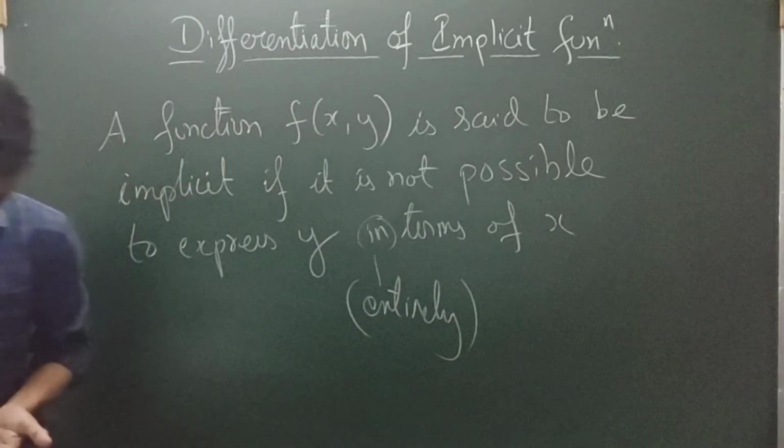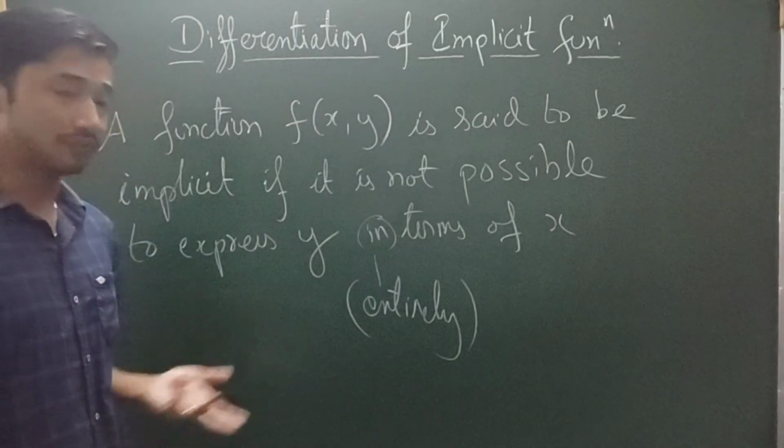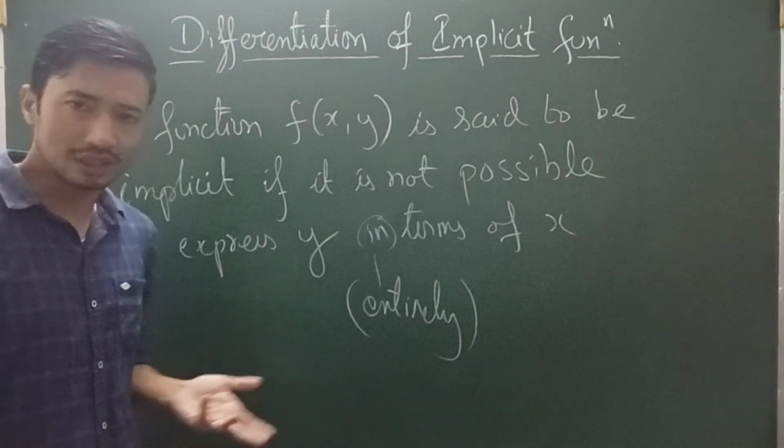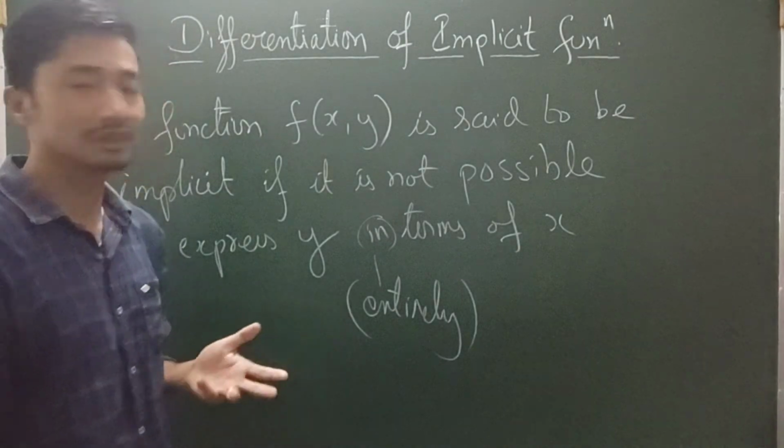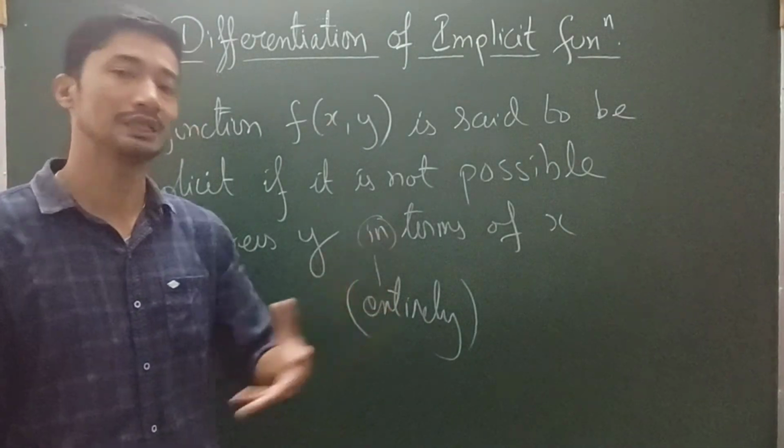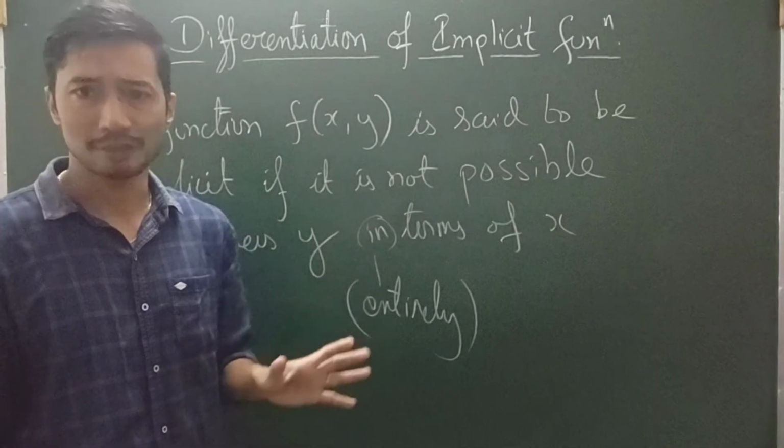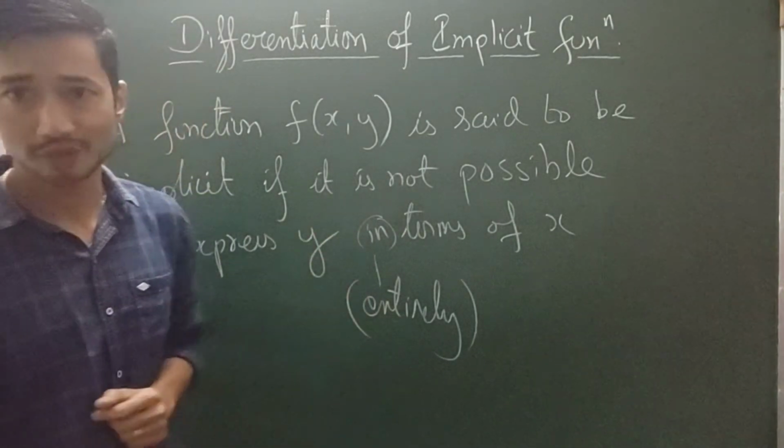So these kinds of functions are called implicit functions. We talk of x and y, but the variables can be different also: z, p, q, r, s, t, u, v, w. It can be anything. Generally we talk of x and y. Alright, so you can note it down.